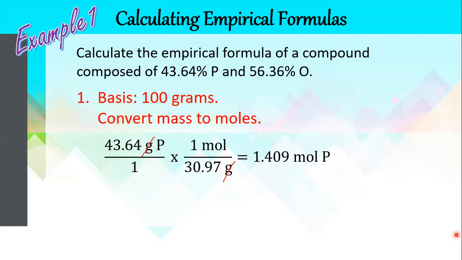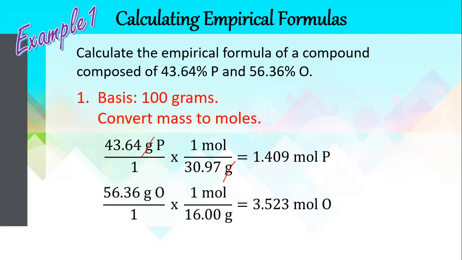So when we multiply this out, the grams will cancel out. Okay, and we're just going to be left with a certain number of moles. So using your calculator, you can use your cell phone calculator, I'll take 43.64 and we're just going to divide it by 30.97. All right, it is going to be equal to 1.409 mole of phosphorus.